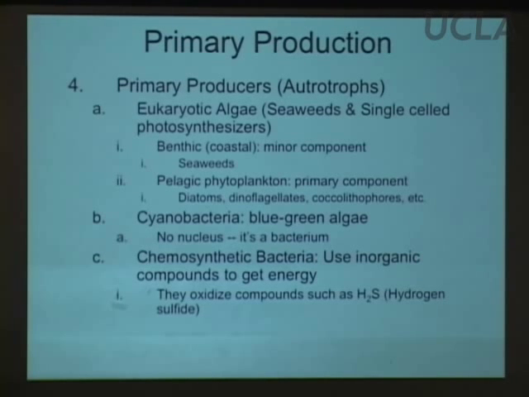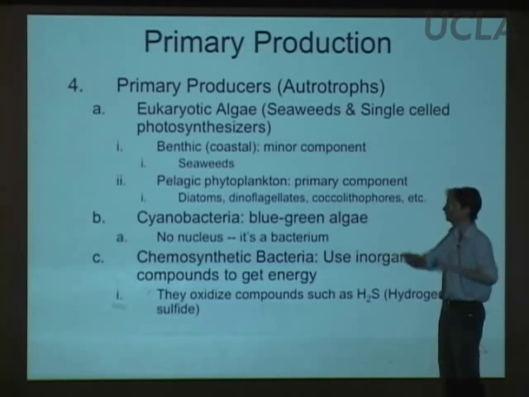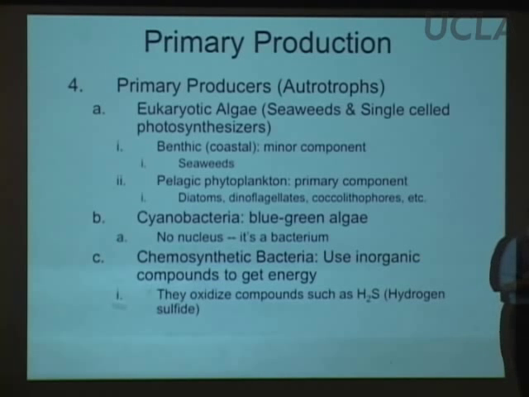There are some other organisms that are worth mentioning, even though I'm not going to be able to dwell on them very much. There are cyanobacteria, which I showed you some pictures of, those kind of greenish filaments from last lecture. Sometimes they're called blue-green algae, but they're actually a kind of bacteria. And they live in places like Shark Bay. They actually live in many places in the ocean and in fresh waters and on land.